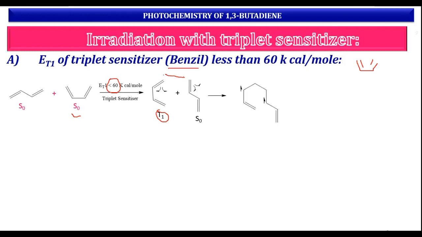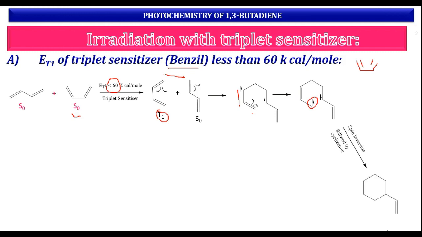Now this bond again undergoes Fischer cleavage, nothing but homolytic cleavage, and we get another radical here. These two radicals make a bond, and the radical formed exists like this. Here the two electrons have the same spin, so spin inversion followed by cyclization gives the product 4-vinyl cyclohexene.